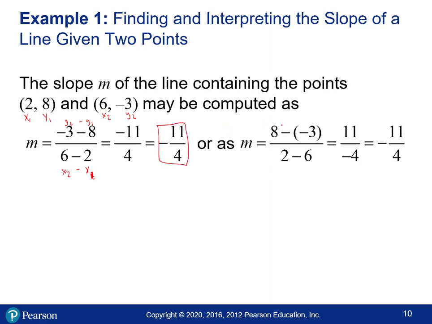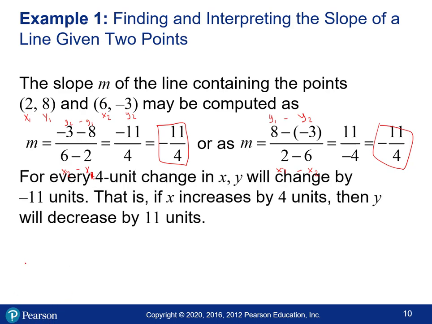But I could do the same thing with just switching my points, and I'm going to get the same answer. If I say this is going to be y1 minus y2, as long as I'm consistent and I pick x1 first on the bottom, then I have x2 being subtracted, I get the same answer. So you can switch the points around and you will get the same slope.